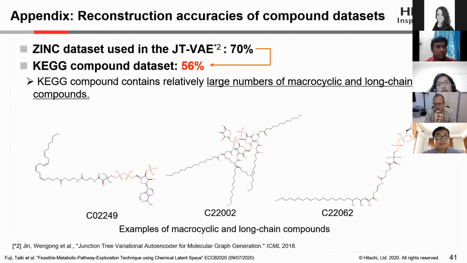In the JTV paper proposed to use a zinc dataset, and the accuracy rate is at 70%. But by using KEGG compound dataset, the accuracy is reduced to 56%. So it's difficult to measure pathway compound. So, we need to improve the VA technique.